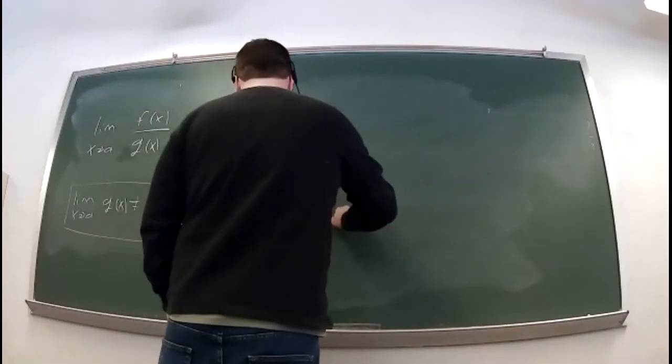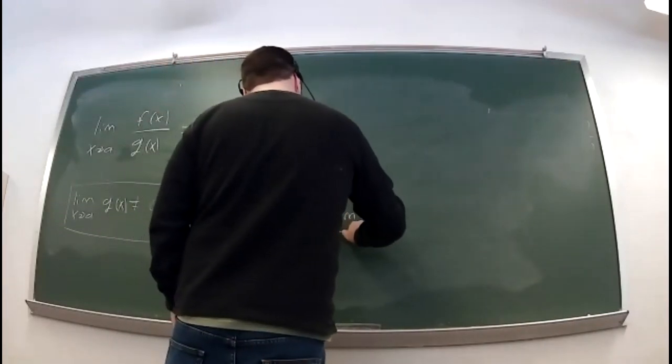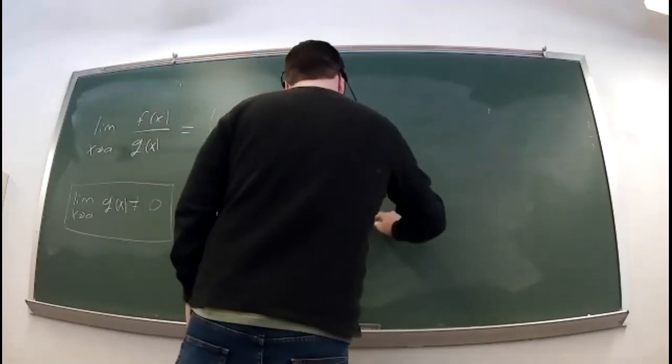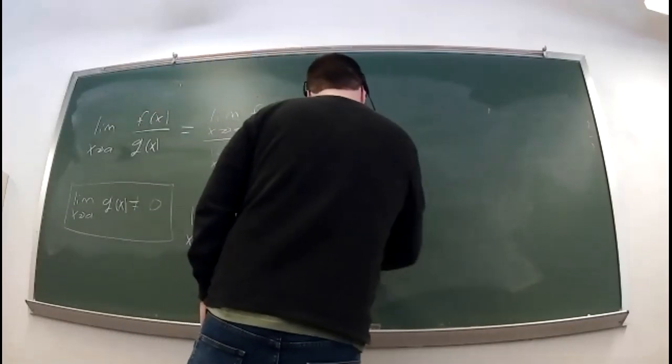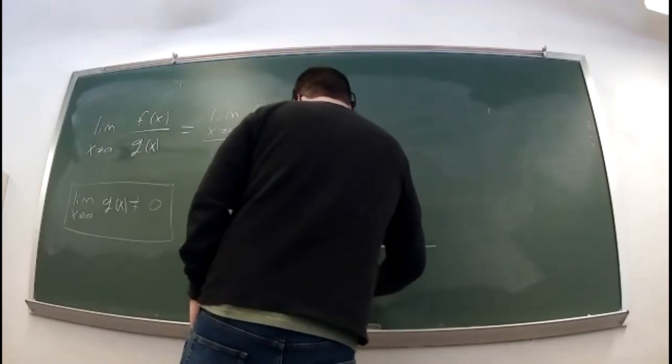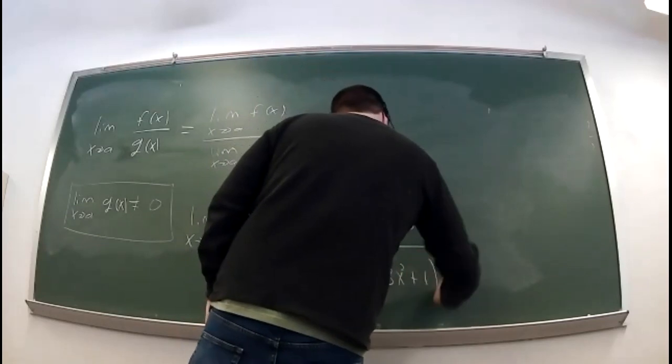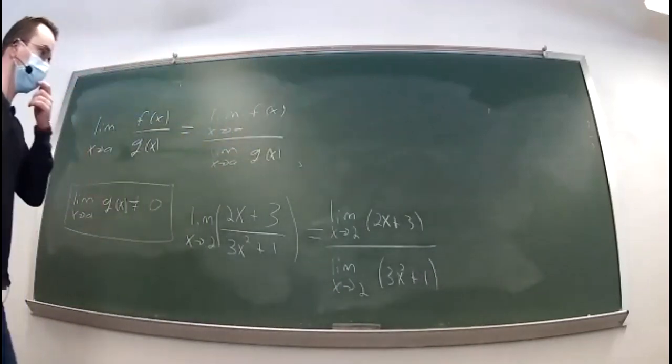And so what you can do is say, I can rewrite this as the limit of 2x plus 3 over the limit of 3x squared plus 1.